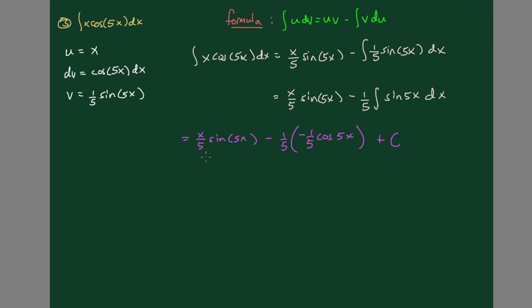So that means that our answer is going to be 1/5 of x times sine of 5x, and then the negatives cancel out to make a positive, so we have plus 1 over 25 cosine of 5x plus c.